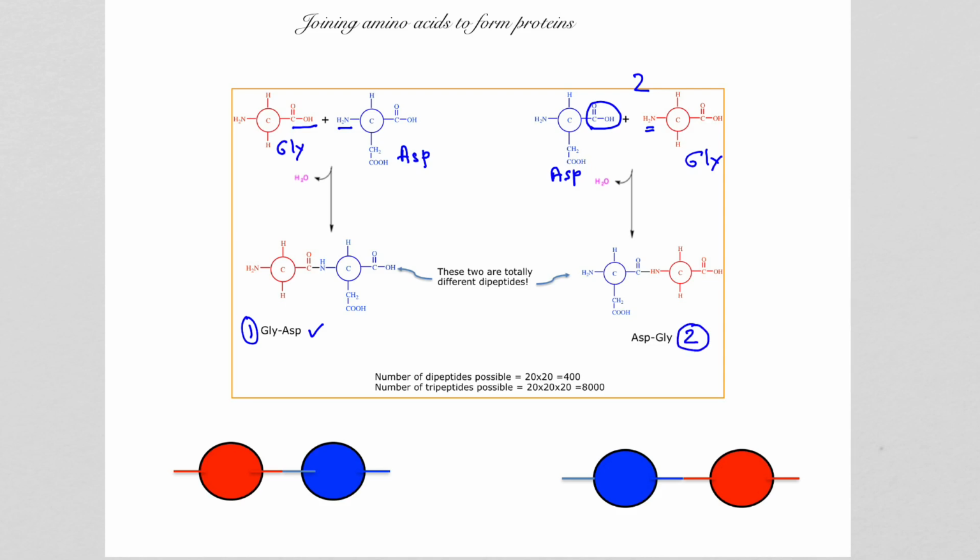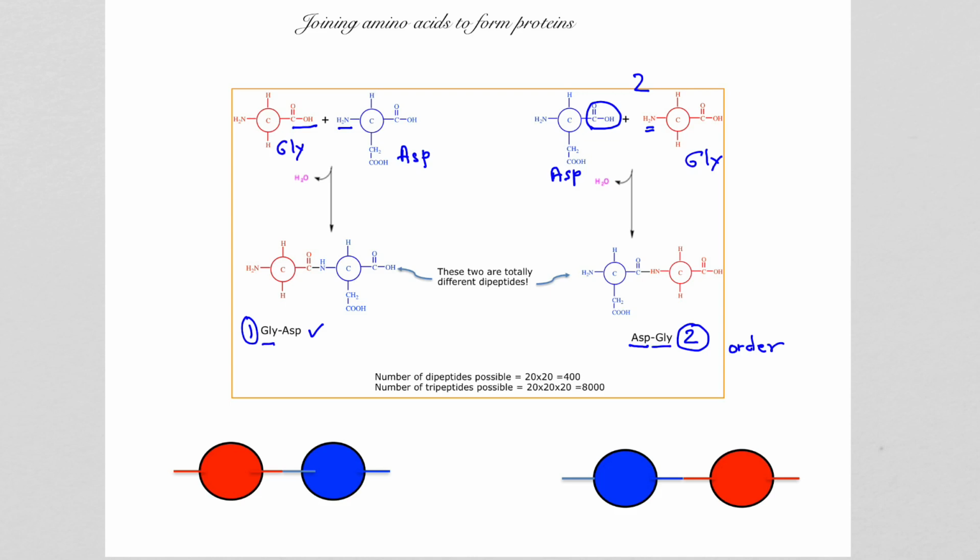So it's very important to understand that these two dipeptides, 1 and 2, are totally different in terms of structure as well as biological or even chemical properties. Okay, because their order is different. Here we have aspartic acid joined to glycine.